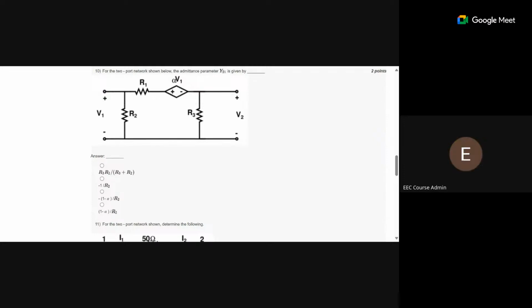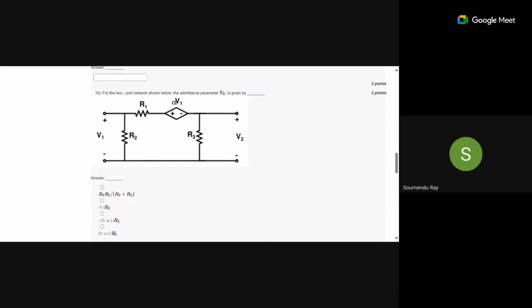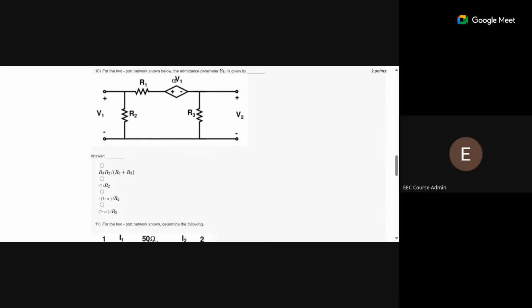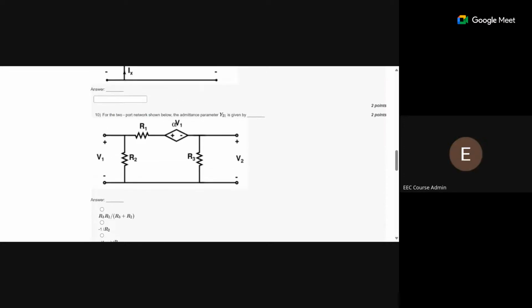This one you are getting R1 in the denominator. Yes, ma'am. Yeah, I will check it out. Okay, ma'am, thank you. So this one thing I need to clarify on Monday, right? This dot convention. Yes, ma'am. Yeah, I will keep in mind.